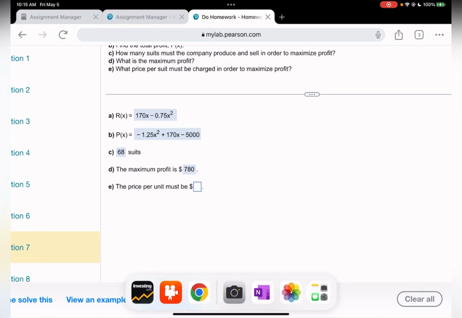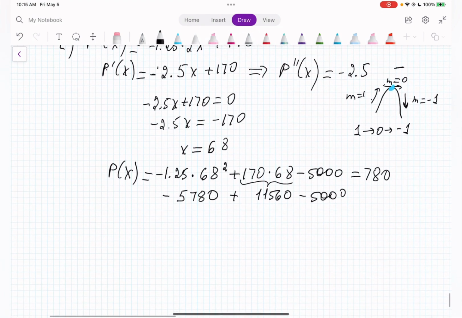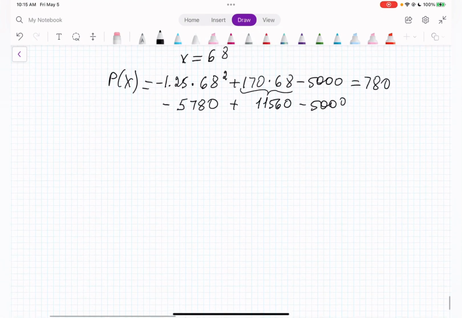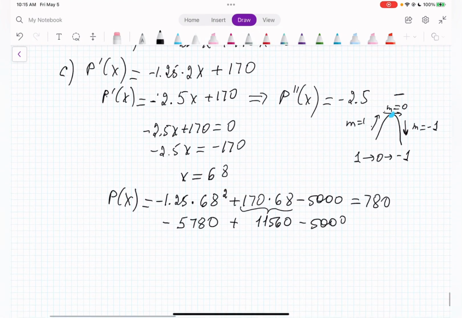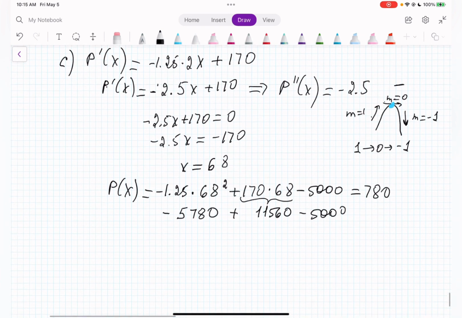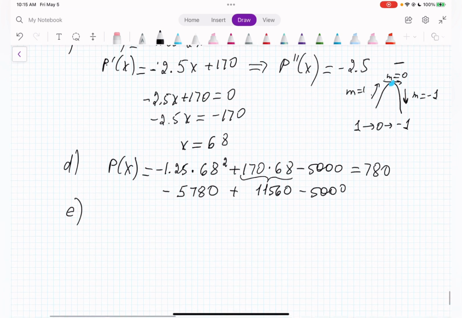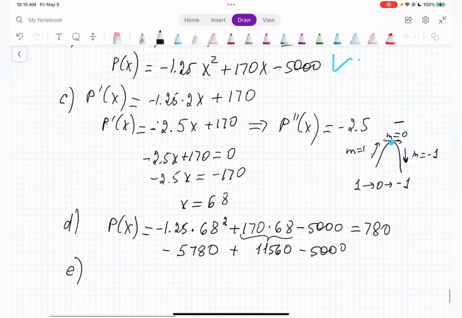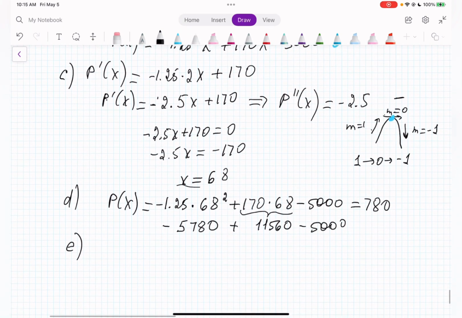So now we need to find the price per unit. This was D, and we are going for price per unit. Price per unit is the value of the given price function for the production level that we have in C. So we have x is equal 68.